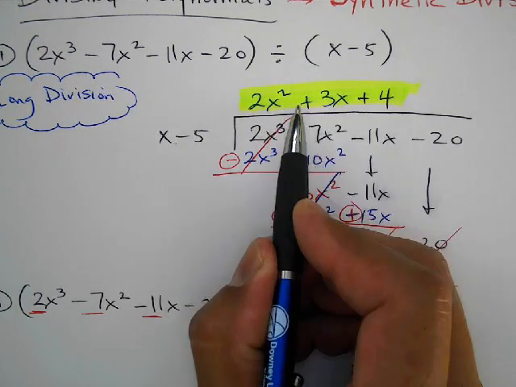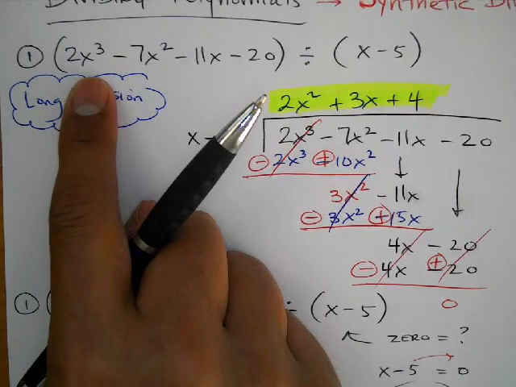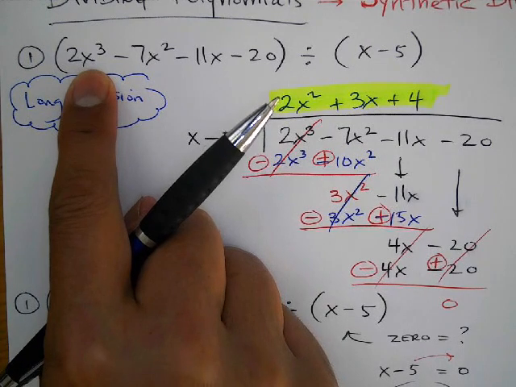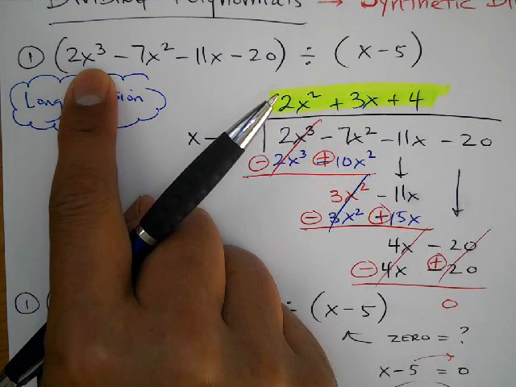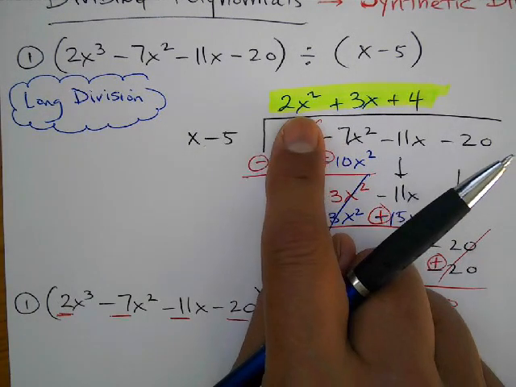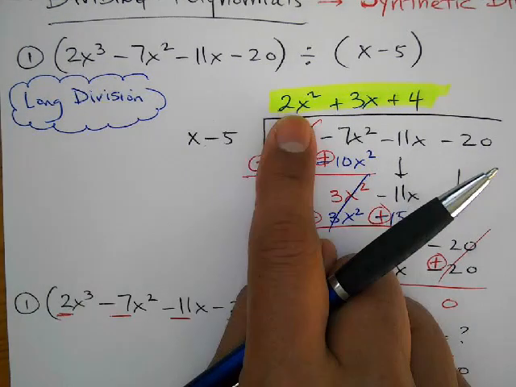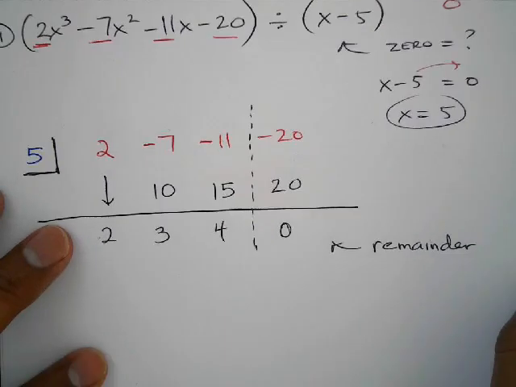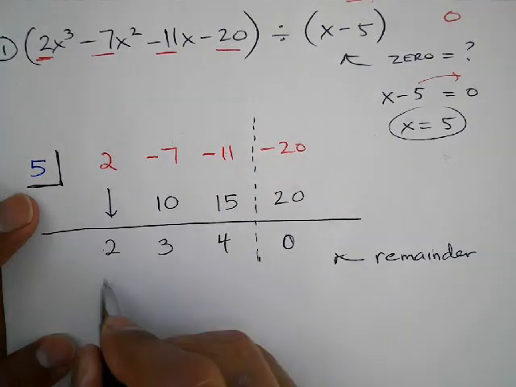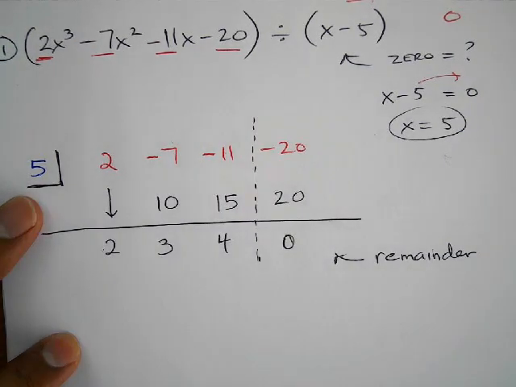This answer. Now, how do you know how to put the degree, how to put the variable? You look at your polynomial. You see this one's x cubed? Your answer then will start with 1 degree less. So this is what they called your depressed equation.